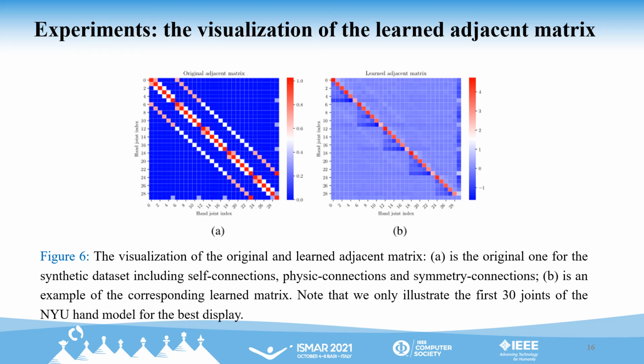B is an example of the corresponding learned matrix. It is clear that the learned structure of the graph is more adaptive and not constrained by the physical and physiological constraints, which can give full play to the advantages of graph neural networks.